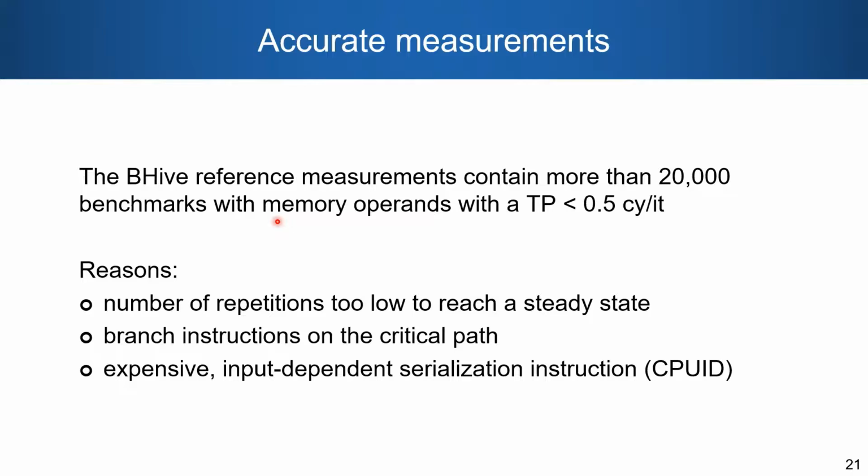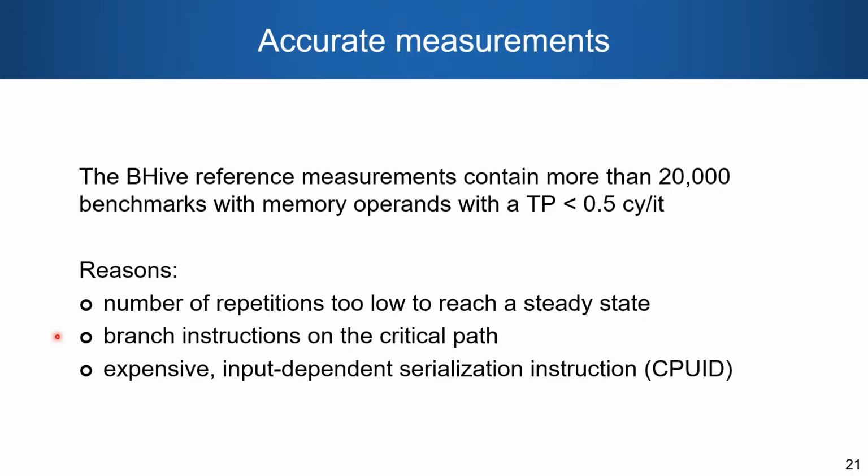And so these measurements are clearly wrong, because the microarchitectures that were used actually cannot perform more than 2 memory reads per cycle. There are several reasons for these measurement errors, and the most important ones are that often the number of repetitions is too low to reach a steady state.